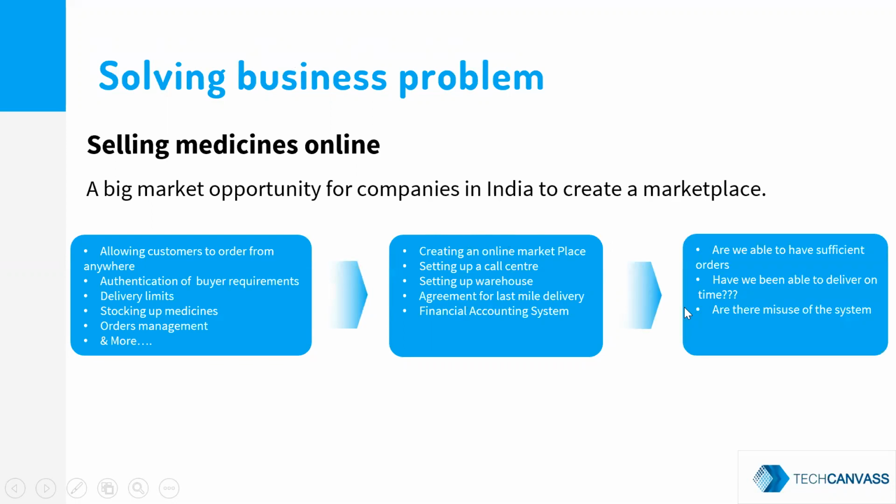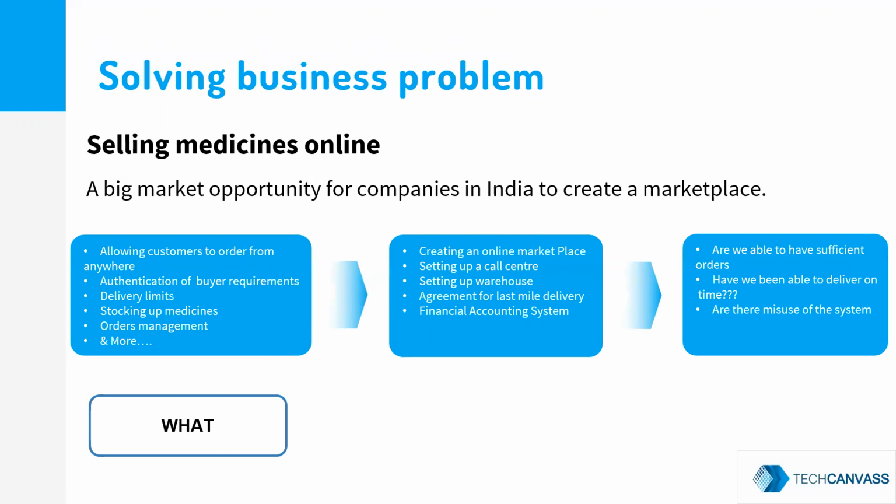The last step would be to validate whether the solution is really addressing that problem. Is the company able to sell the medicines online? So essentially, what we are talking about is any business problem can be solved in three stages.